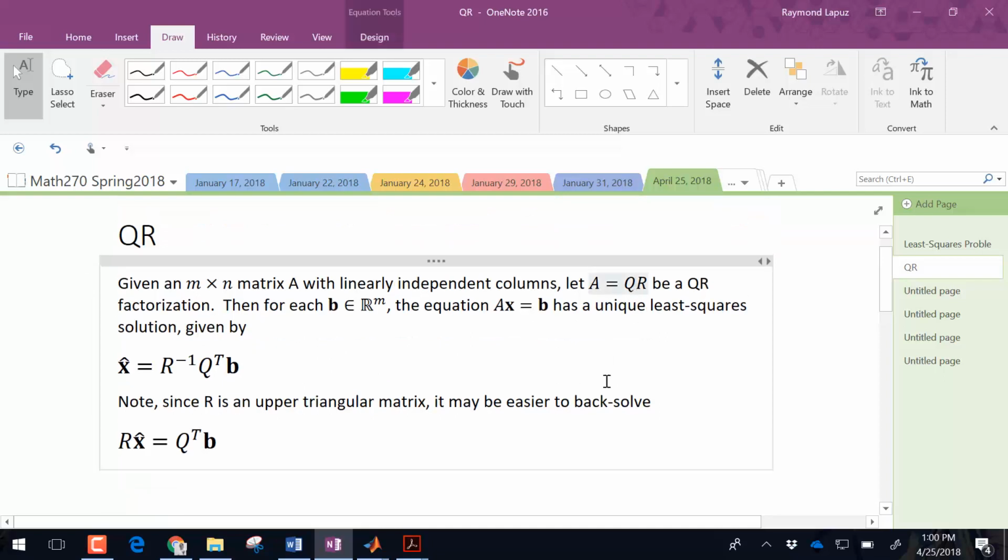So if you can somehow find a QR factorization, then you can rewrite your solution to the least squares problem as this.